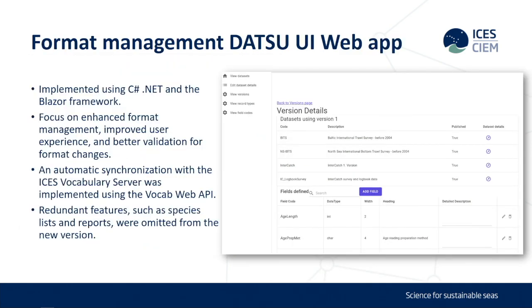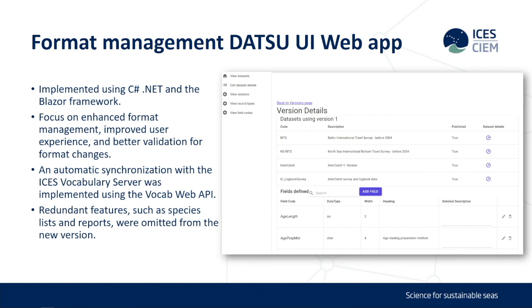One of the most recent changes made to the DATSU system, and one that I was also personally involved in, was migrating the old Access-based format management UI to a newer web application using .NET 8 and the Blazor framework.